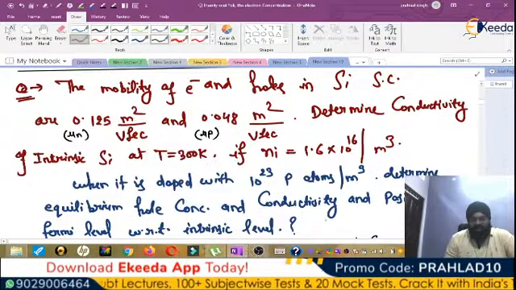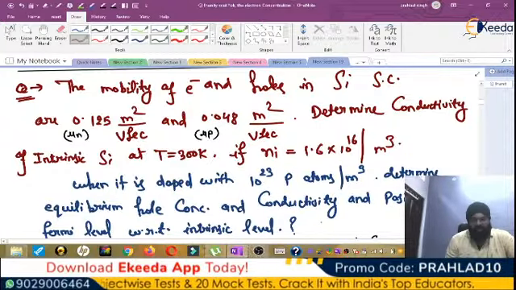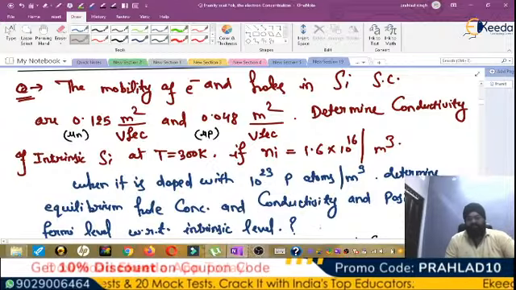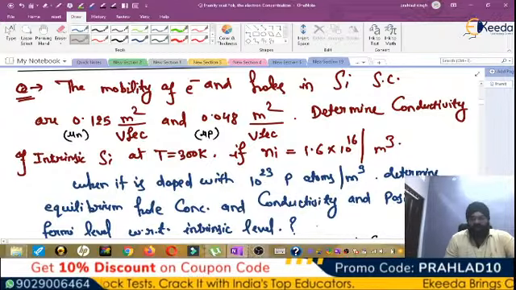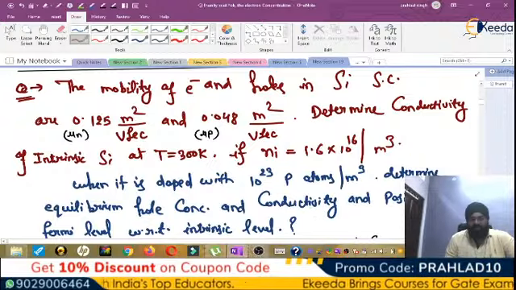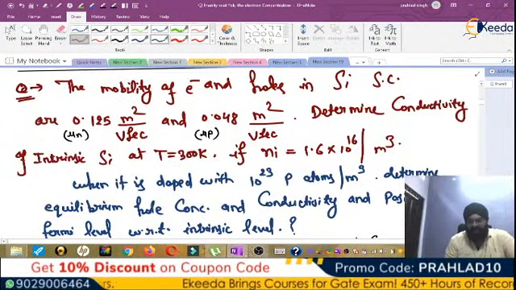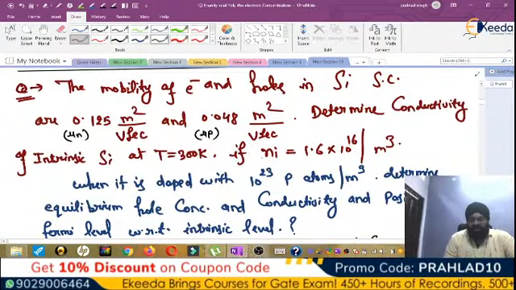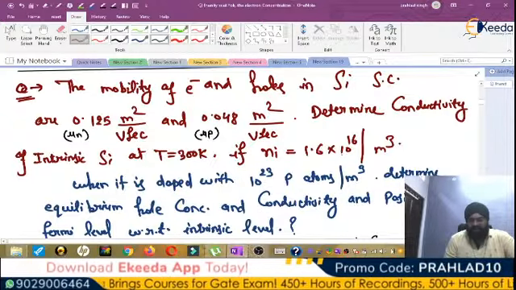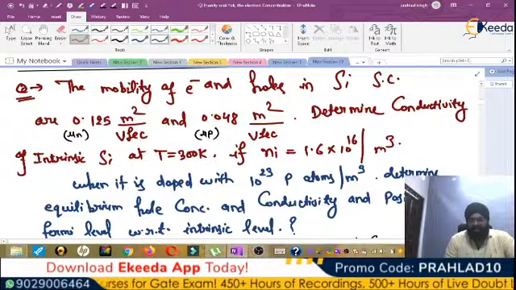The mobility of electrons and holes in a silicon semiconductor are 0.125 meter square per volt second and 0.048 meter square per volt second. Determine the conductivity of intrinsic silicon at a temperature of 300 Kelvin, if intrinsic concentration Ni is 1.6 into 10 raised to power 16 per meter cube.